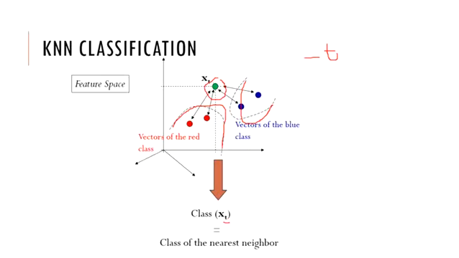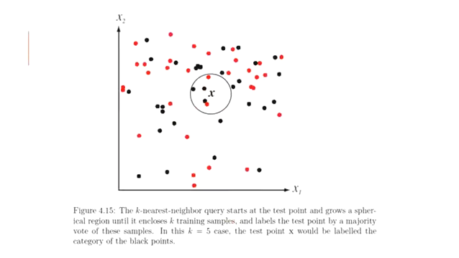If the distance of green with blue is lesser, we assign the new one as blue. And if the distance of green and red is lesser, then we assign it the red class label. This brings us to the point that we understand the NN, or the nearest neighbor part, in K nearest neighbor.